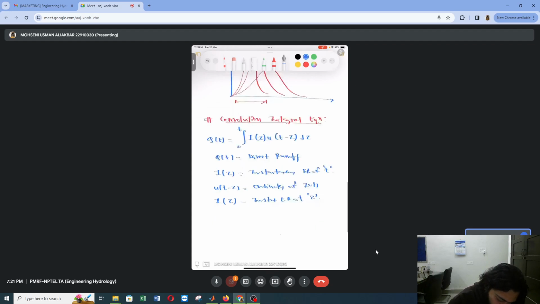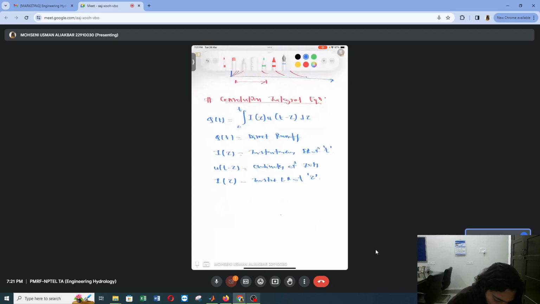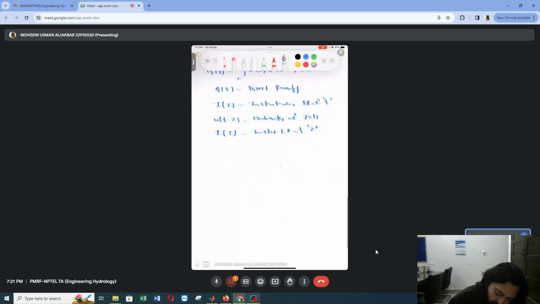So what we can do is derive a relationship between unit hydrograph and S hydrograph, right?